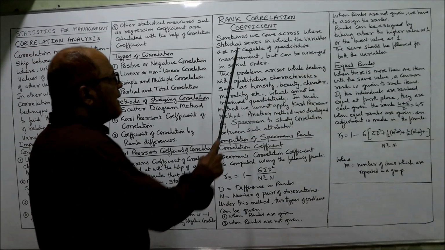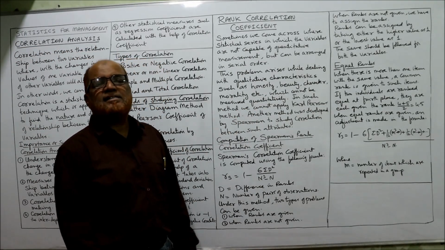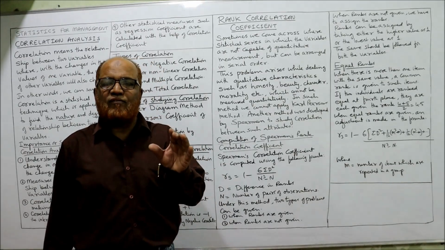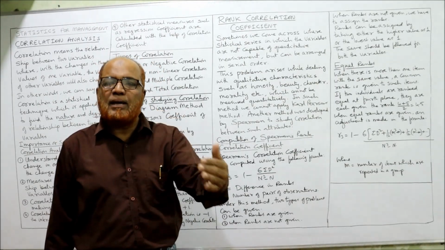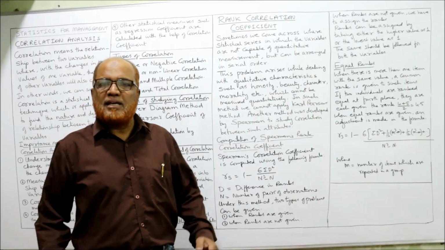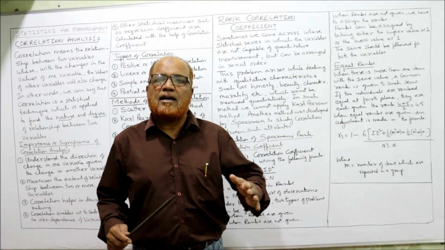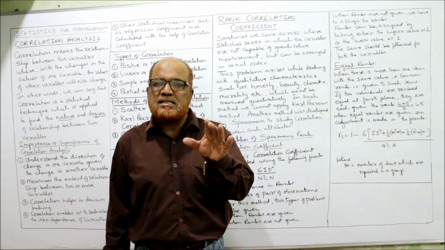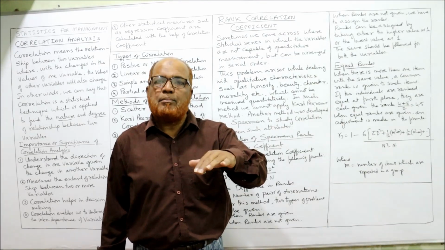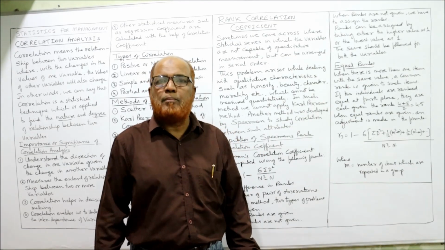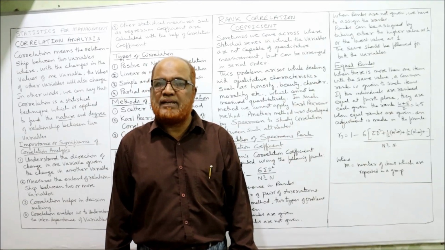Sometimes we come across statistical series which consist of variables that are not capable of measurement. Every statistical data is not measurable. Some statistical data can be felt but cannot be measured quantitatively.